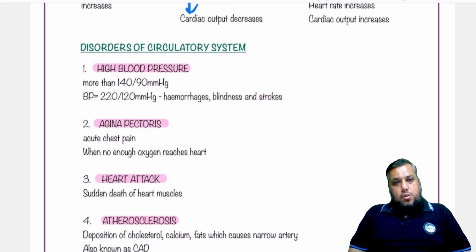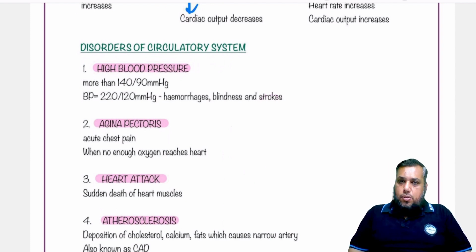The disorders of the circulatory system include a condition which is called high blood pressure. When the patient shows a systolic reading of 140 and a diastolic reading of 90 mmHg for a long period of time, it is called high blood pressure, which can cause brain hemorrhages, blindness, as well as stroke.